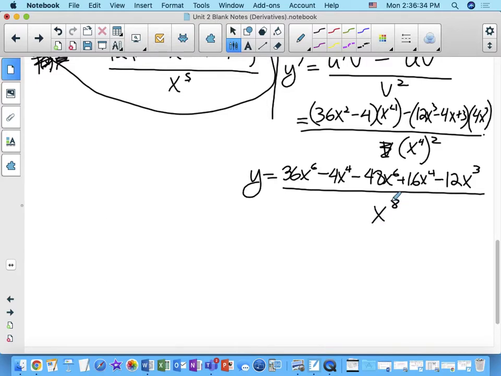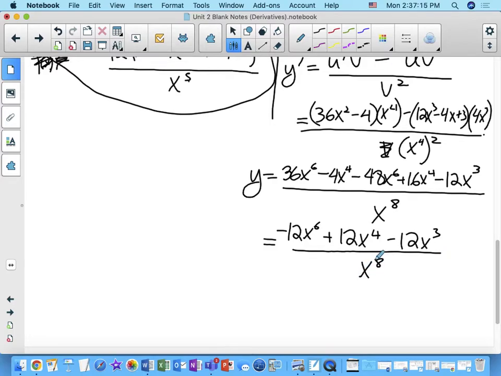It's a good chance to practice your exponent laws. And then we've got negative 12x to the 6, plus 12x to the 4, minus 12x cubed over x to the 8.